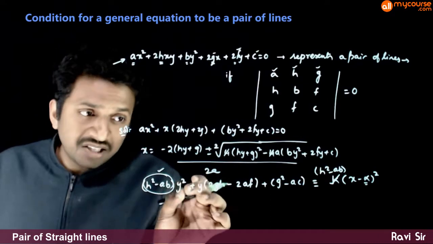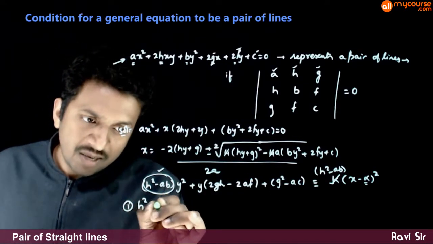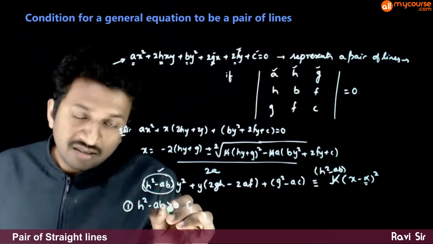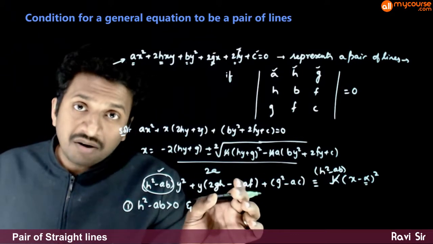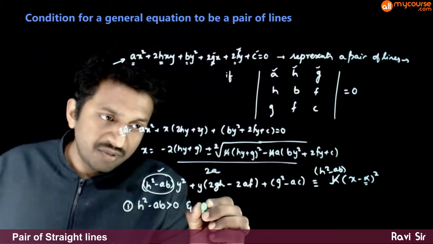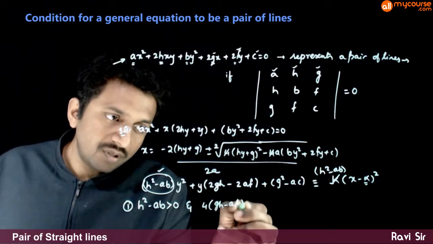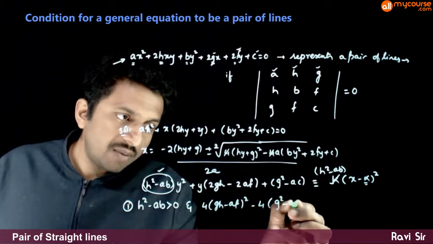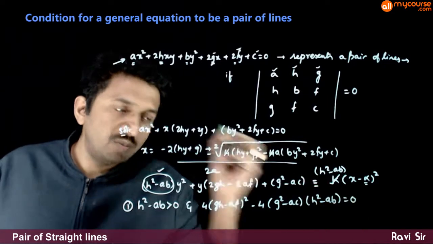So the condition for this to be a perfect square is, first, h² - ab has to be positive, and the discriminant of this has to be equal to 0. That is 4(gh - af)² - 4(g² - ac)(h² - ab) = 0.